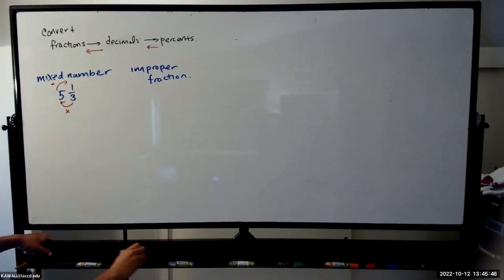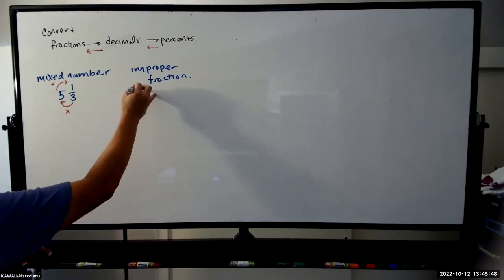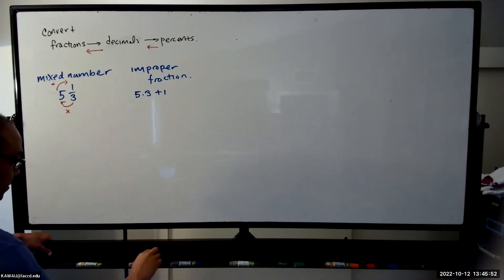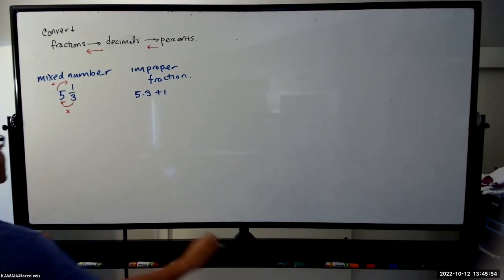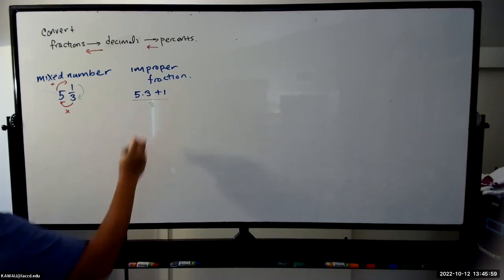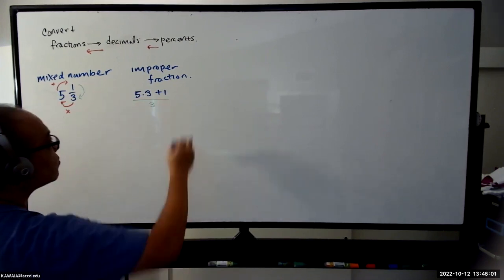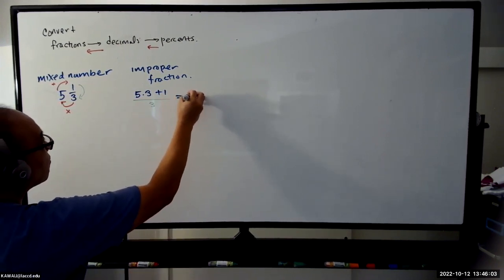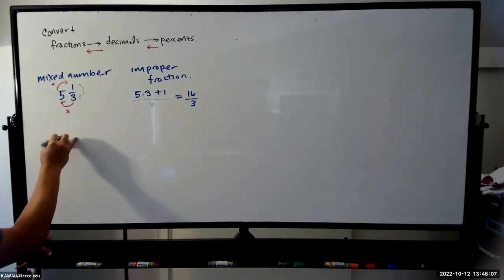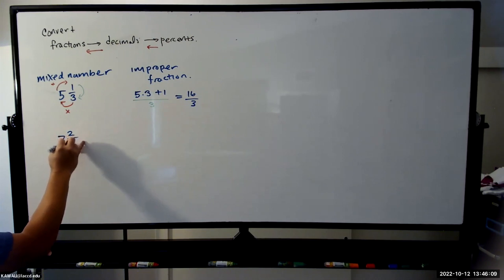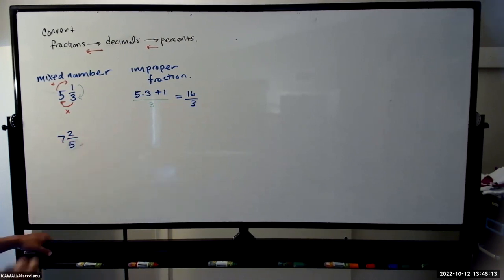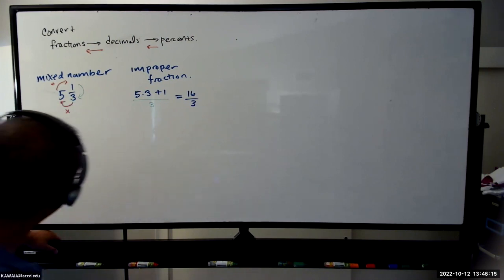So I go 5 times 3 plus 1, and then I have the same denominator. Now go ahead and you do one. Let's make this 5. Go around in the circle, and then we'll do one more.